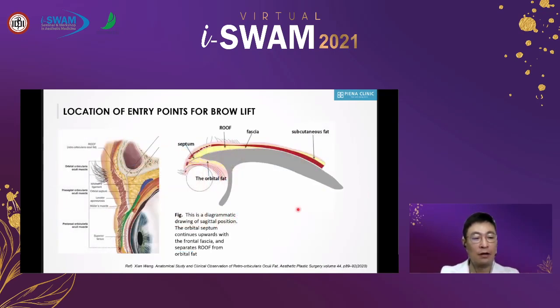So if the cog thread is inserted in a reverse direction at the level of the eyebrow here, I prefer to make an entry point just beneath the eyebrow, or the lower margin of the eyebrow. And the retro-orbicularis oculi fat and subcutaneous fat layer together will be lifted, resulting in a more effective brow lift. So around the entry point, you should go a little deeper.